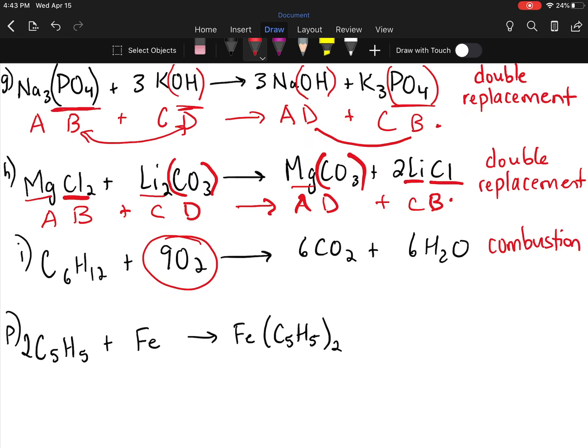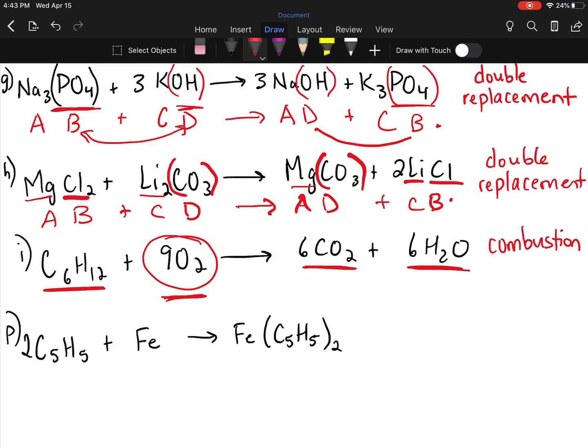But especially if it's O2 with some kind of CH molecule, it's definitely combustion. And the products will always be carbon dioxide and water. So combustion is actually the easiest to identify. But if you see this O2, it's very likely it's combustion, 99% of the time.